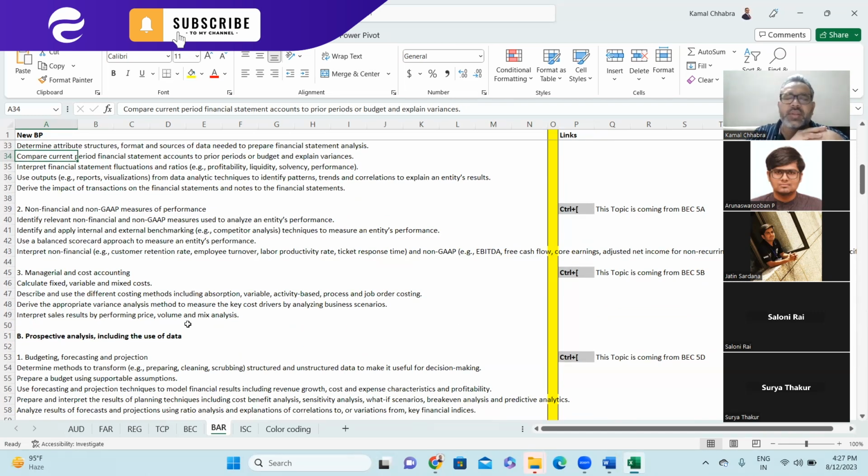Generally accepted accounting principles are the principles and framework on the basis of which any company needs to prepare its financial statements. That's high level, we all agree. Please keep responding to me.